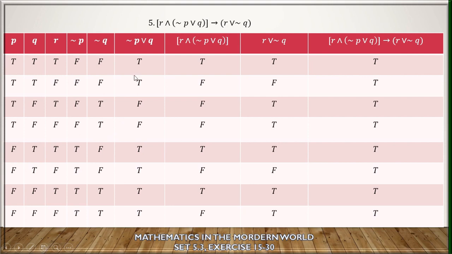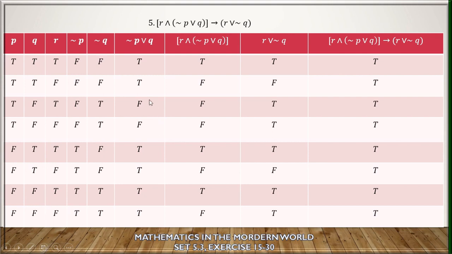And for the disjunction of not P or Q, so not P and Q: false, true is true, false, true is still true, false, false is false, false, false is false, true, true is true, true, true is true, true, false is true, and true, false is true.